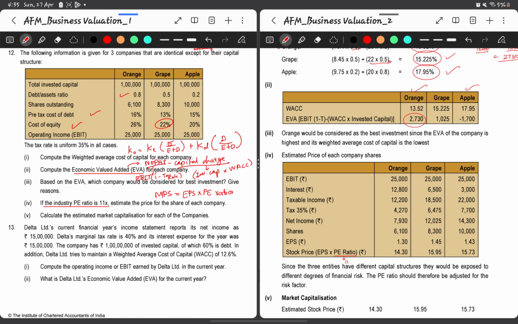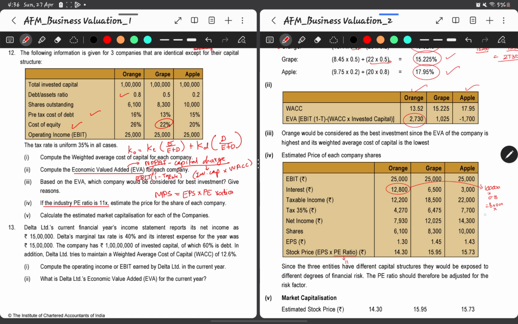So interest is 12,800. This is nothing but one lakh invested capital multiplied by 0.8, which gives us the debt portion, so it is nothing but 80,000.